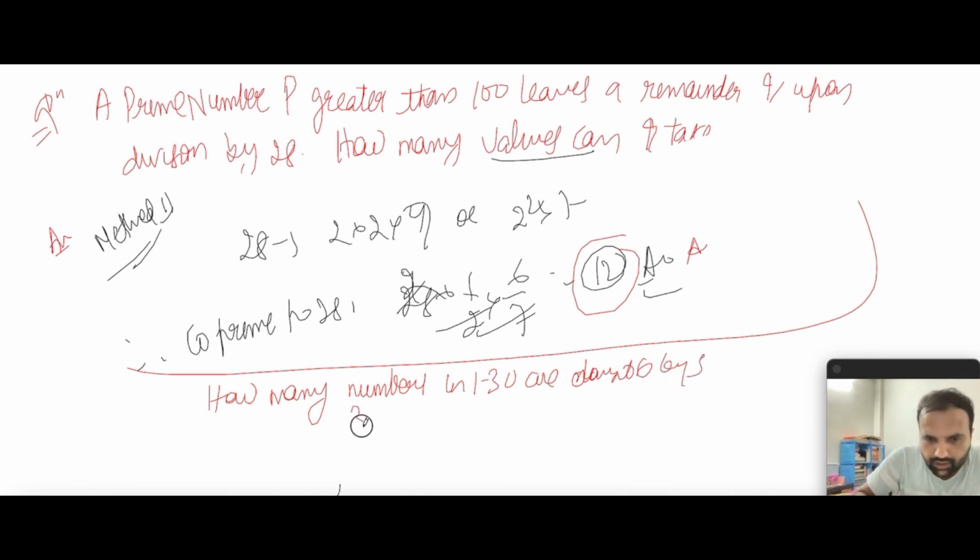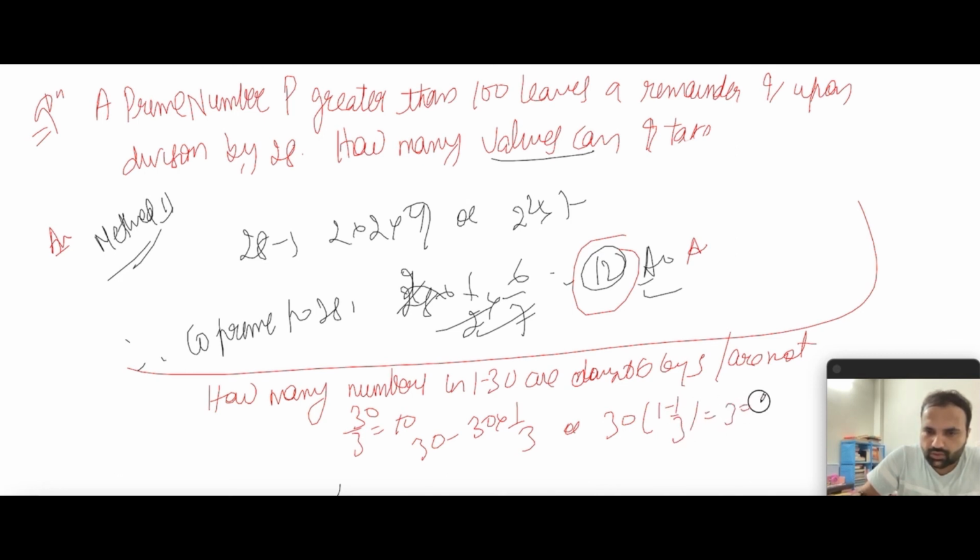If we ask how many numbers in 1 to 30 are not divisible by 3, we do 30 minus 30 into 1 by 3, or 30 into 2 by 3. So 20.